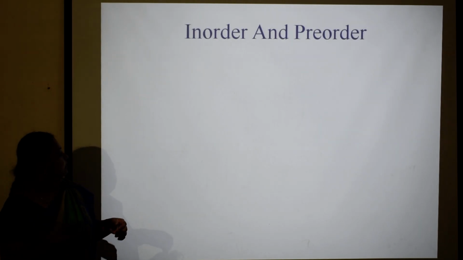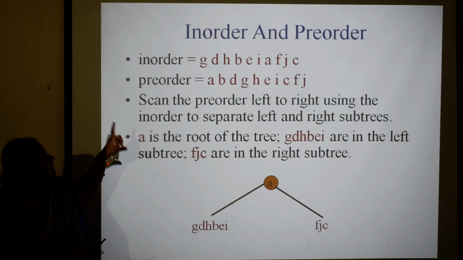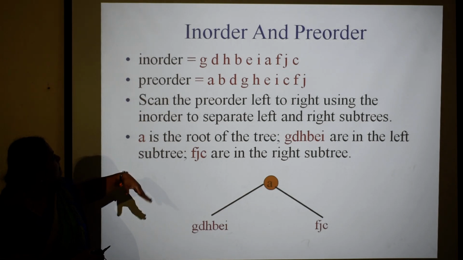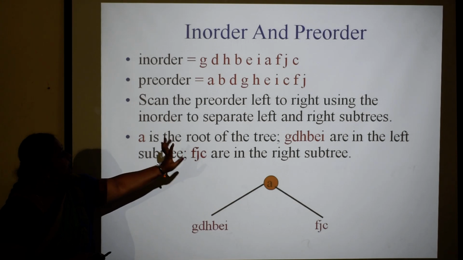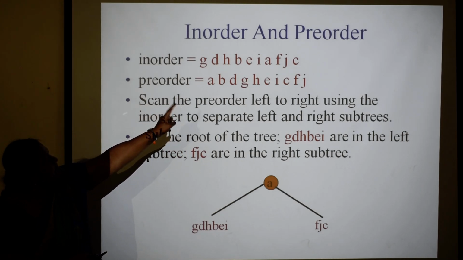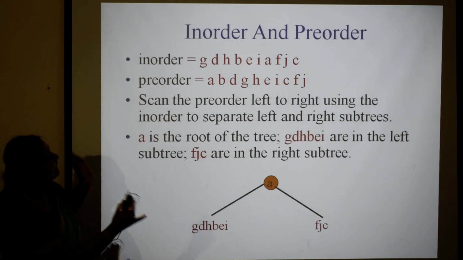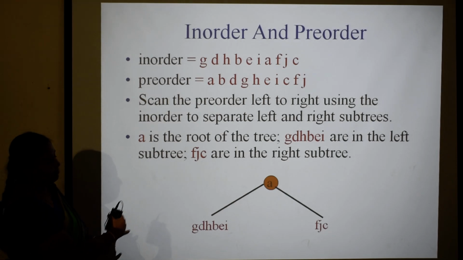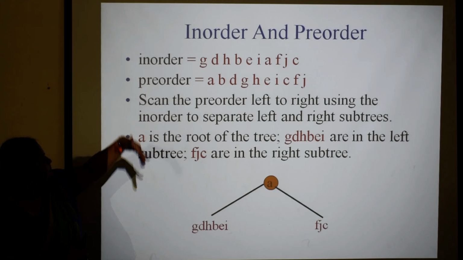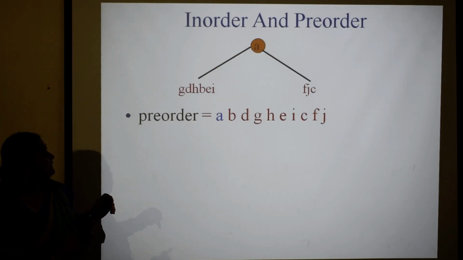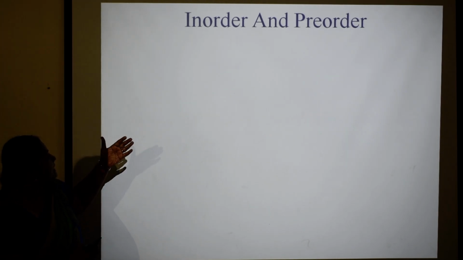With the pre-order we can find the root node, and after finding the root node we can separate the left part and right part. With this we make the binary tree structure.